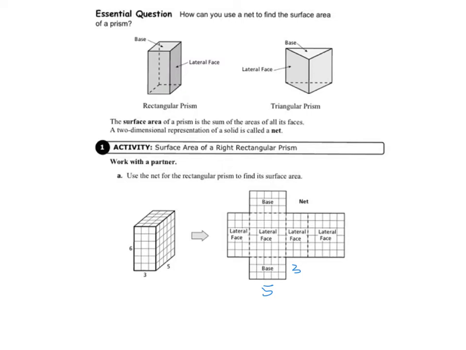And then the next lateral face is 5 units, so we'll label that, and then going around the end here, it's 6 units, and then 5 units, and then 3 units again, and 5 units, and we have one of those corners where the 3 works in both spaces again, and then this end is 6 units, and then we have 3 and 3.